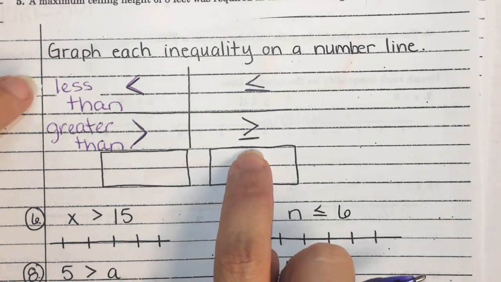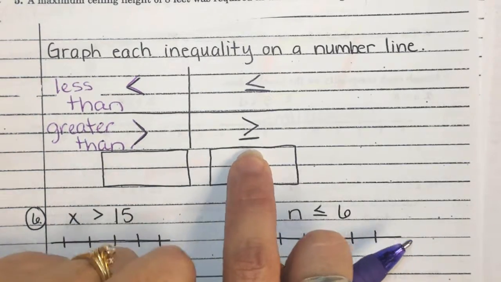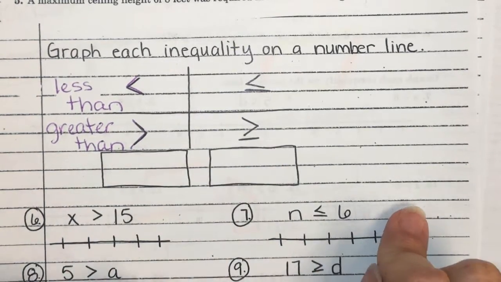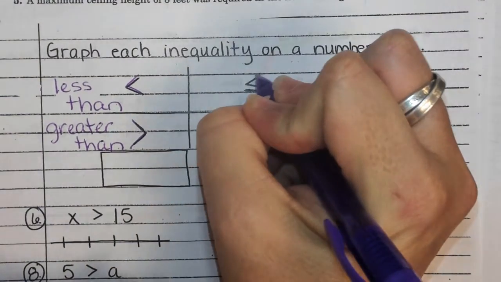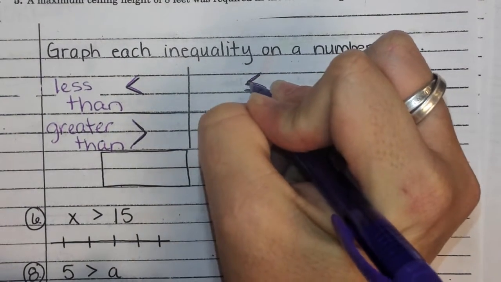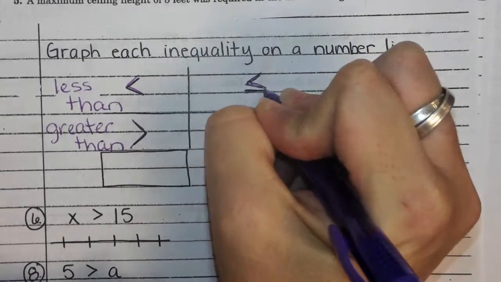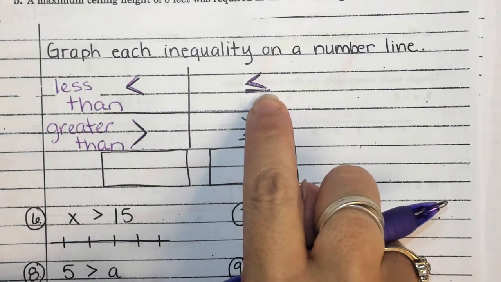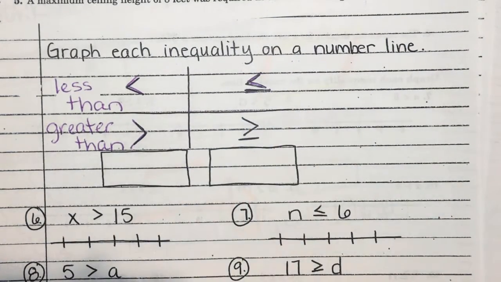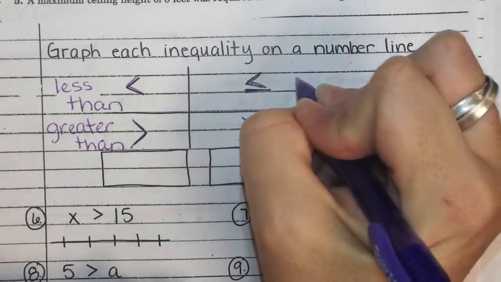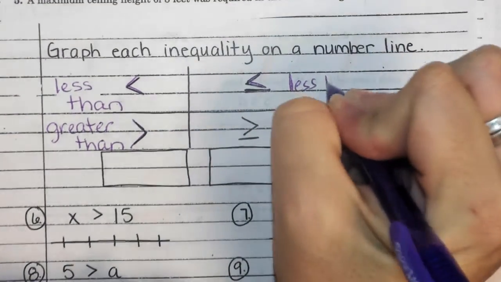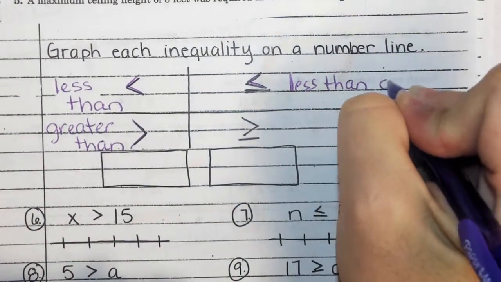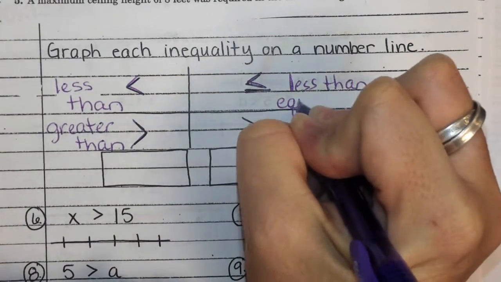These two are the newer ones, as I'm going to call it, because they have an extra line. Listen, this means less than or equal to. That little line is there for a reason. It's not like I accidentally marked it. Listen, this sign means less than or equal to.